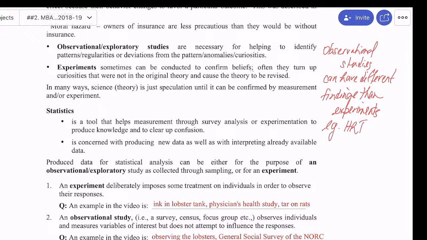The example for that is hormone replacement therapy experiments.